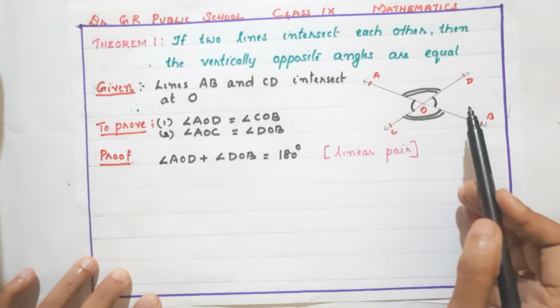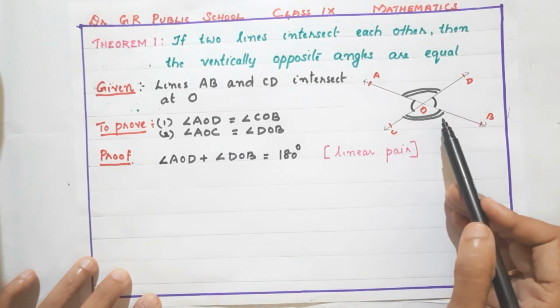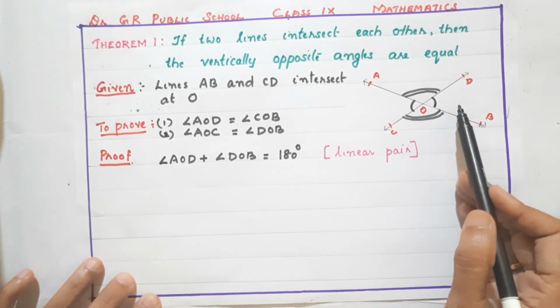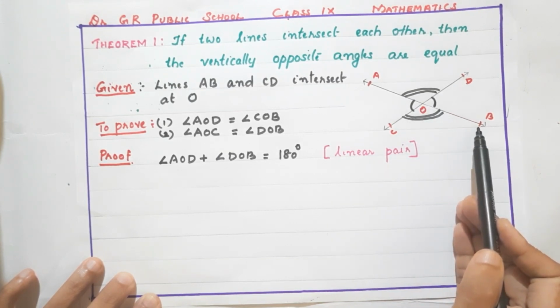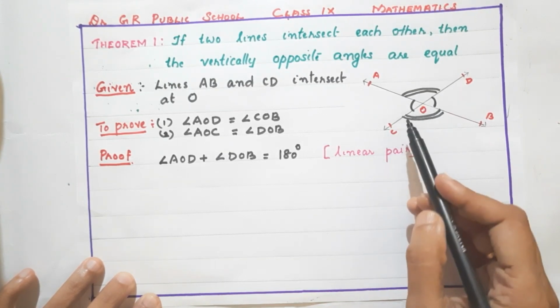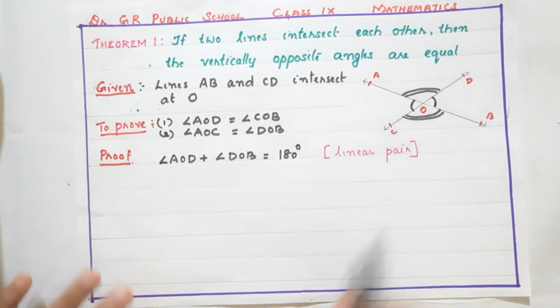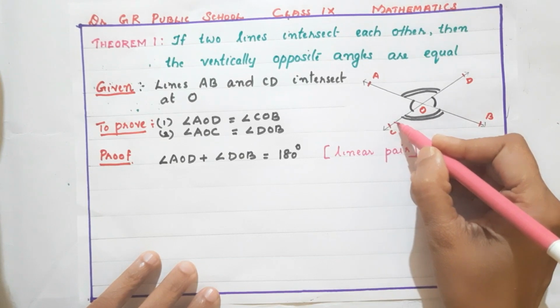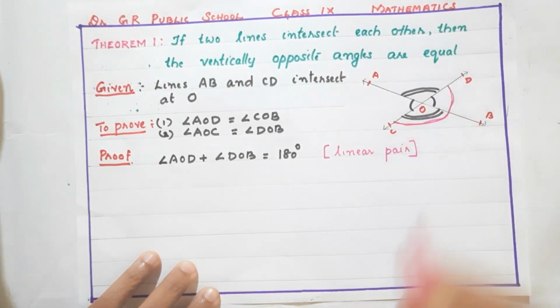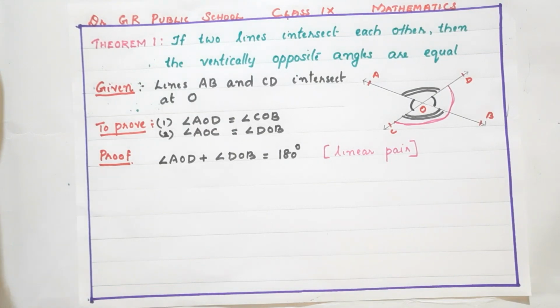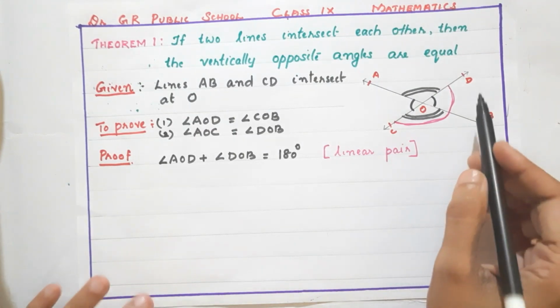Okay. So there you can see which angles are making a linear pair. DOB plus BOC, isn't it? These two angles are also making a linear pair. Okay, so we can write the next equation.